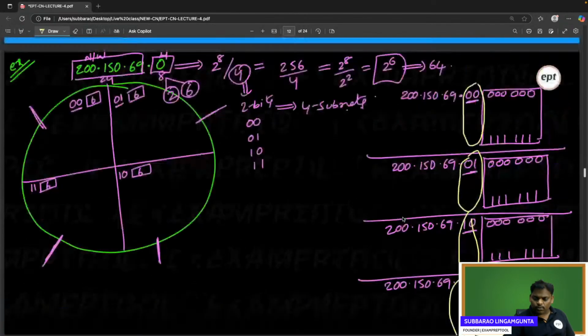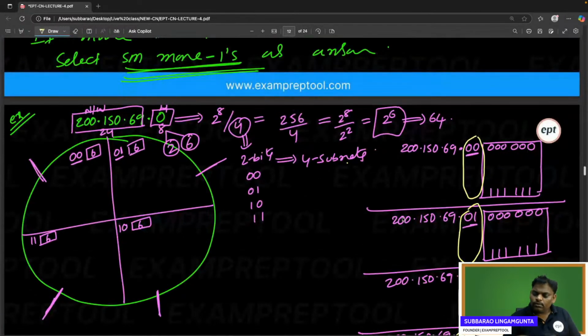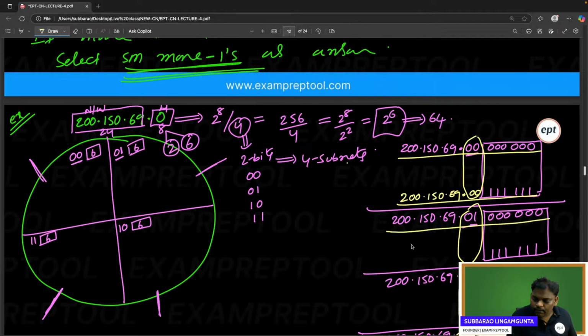Okay, now observe. If you take this part, it is the subnet ID. This is common, and this part is going to be the DBA. Again, the next subnet ID, the next DBA.